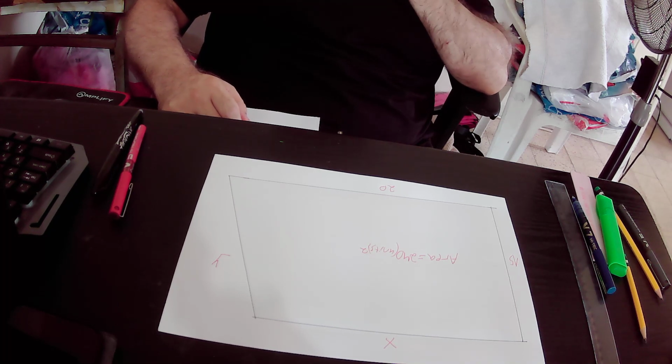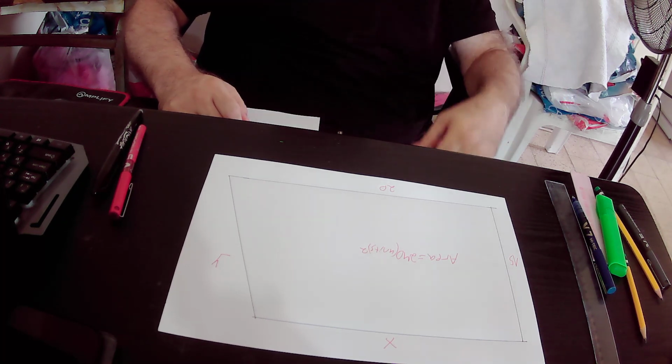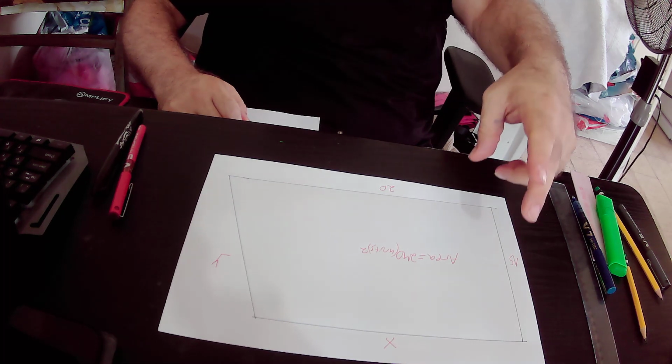Okay, first of all we will name the vertices of this white shape.